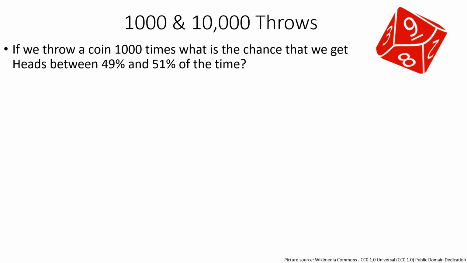Because when you've got all these throws, if it was between 40 and 60%, for a start, that would mean a lot more terms being added up, and also the probabilities are going to get so close to 100% it could be a bit of a waste of time. So what I'm calling about half heads and tails, we're actually going to look at between 49% and 51%. As we saw the numbers going up quite steeply before, if we were looking at 40 and 60, it's just going to look like 100%.